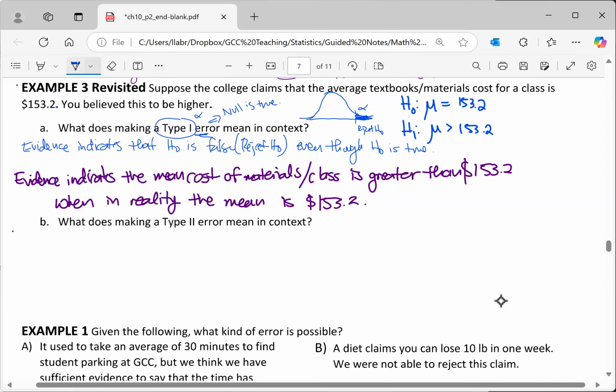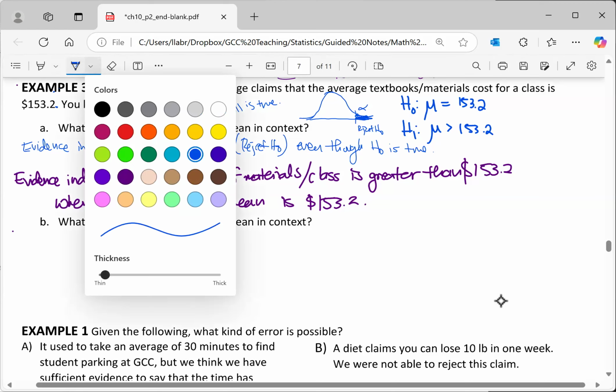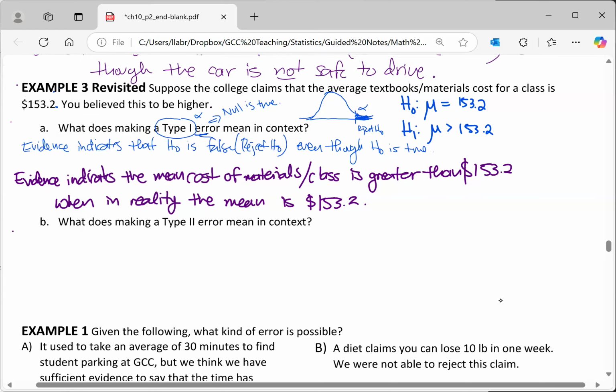First of all, let's identify what does it mean to make a type 2 error. So type 2 error happens when the null is not true. It's always the opposite of everything that we said. So type 1 error occurs when you reject the null.